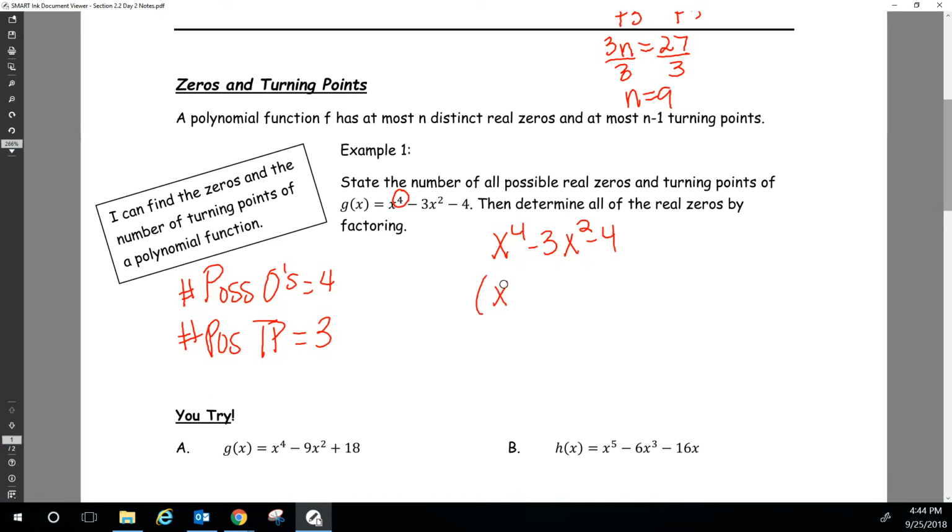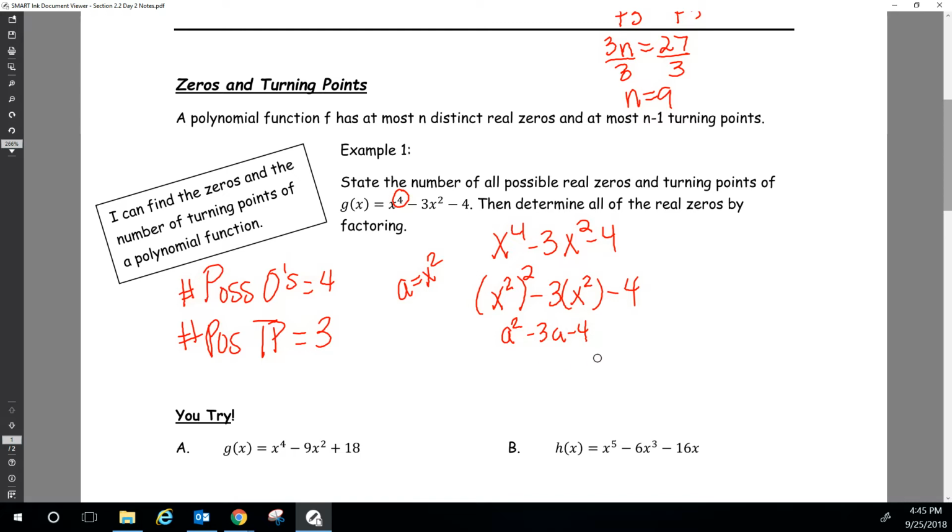But if I want it to look quadratic, I need x to the 4th to be x squared squared, and then minus 3x squared. Now it looks like a quadratic function where a is equal to x squared. So this is essentially a squared minus 3a minus 4.